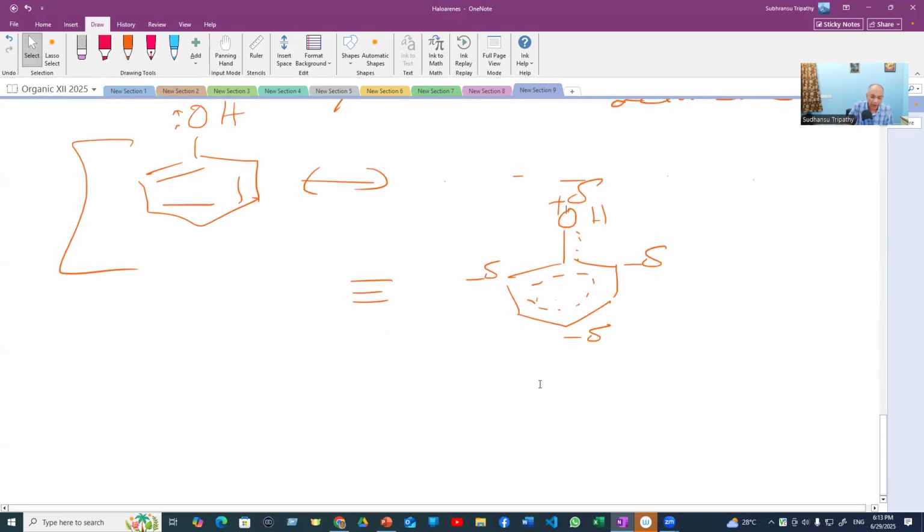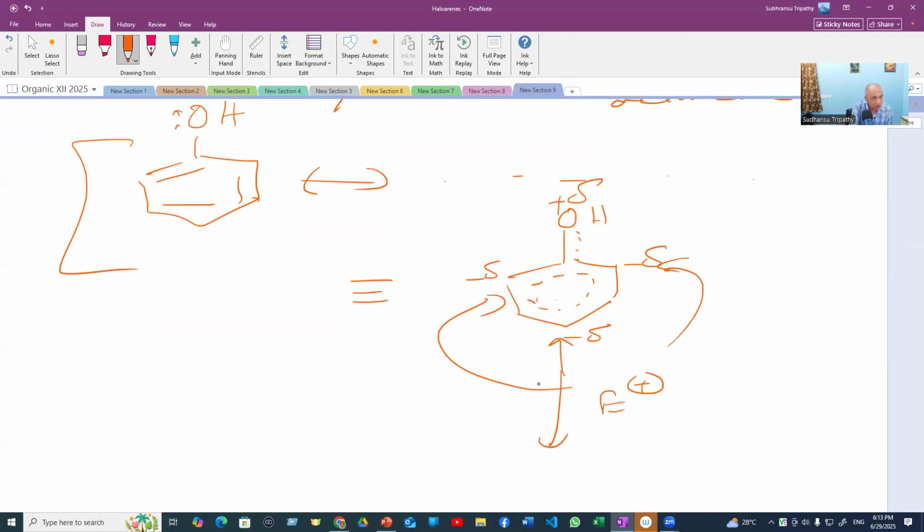So the electrophile will prefer attacking ortho and para positions.